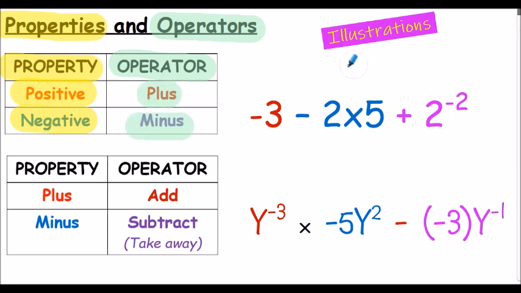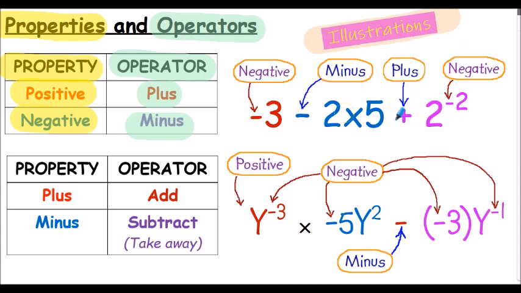So if we consider the illustration shown on the right hand side here, within the upper calculation, this would be stated as negative 3 minus 2 multiplied by 5 plus 2 raised to the power of negative 2. With the lower calculation, we have a positive y raised to the power of negative 3. We're multiplying that by negative 5y squared minus negative 3 multiplied by y to the power of negative 1.